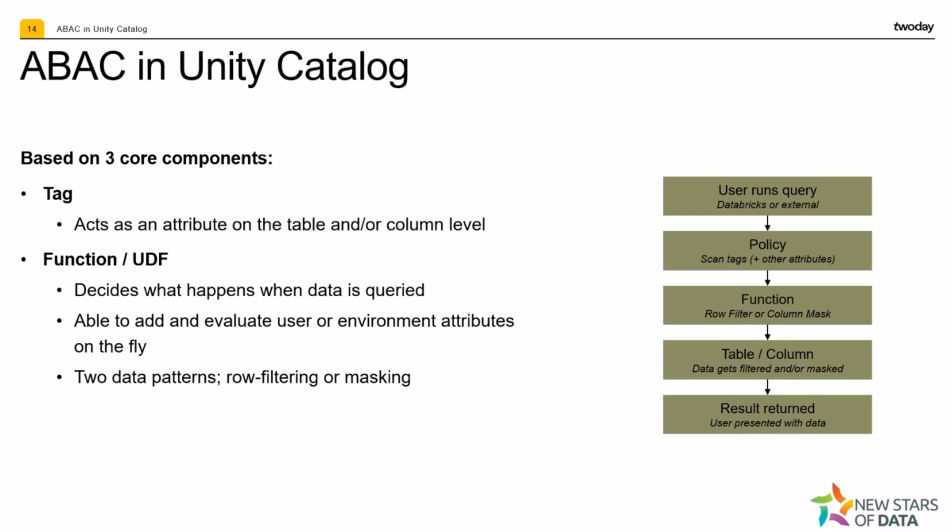So just iterating through a list of case when statements, and then having different outputs depending on what attribute you're looking to evaluate. And one of the really cool things here is you can evaluate across multiple attributes, right? So you can evaluate, is this person a member of that group, which is basically role-based permissions, right? But you can also then say, all right, if they're not a member of this group, then go and check this tag.